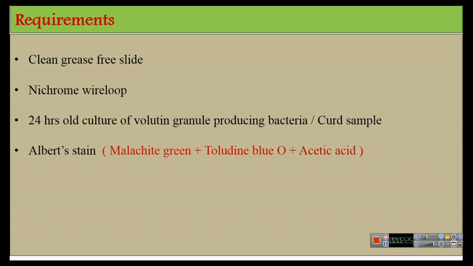The next requirement is Albert's stain. Albert's stain is a combination of malachite green, toluidine blue O and acetic acid. Among these, malachite green and toluidine blue O are basic stains. The next requirement is Albert's iodine. And the last one, xylene. But xylene is required only if curd sample is used for the preparation of smear.